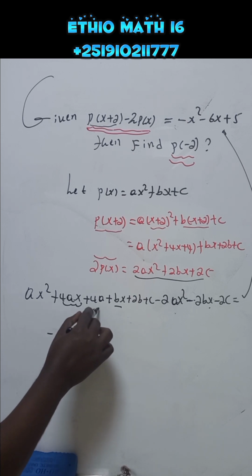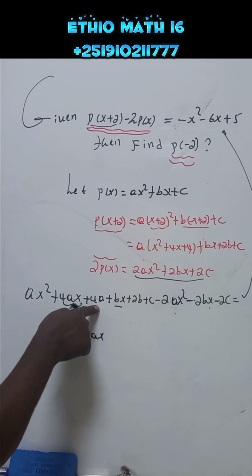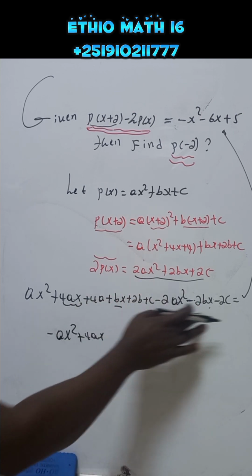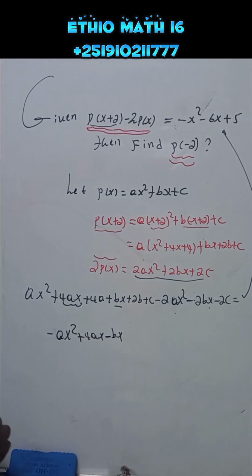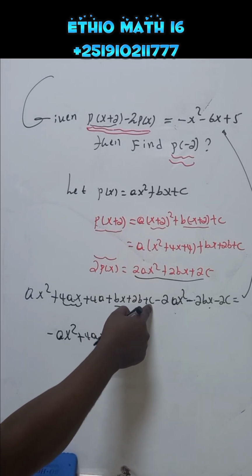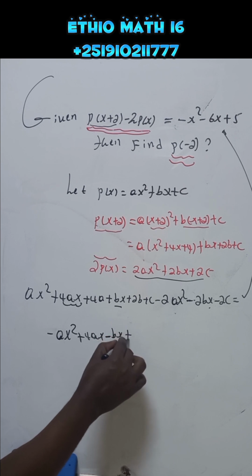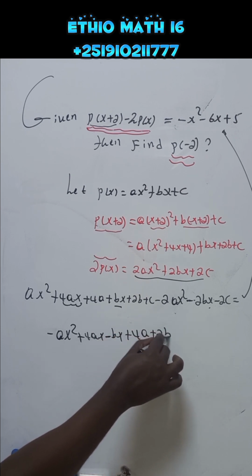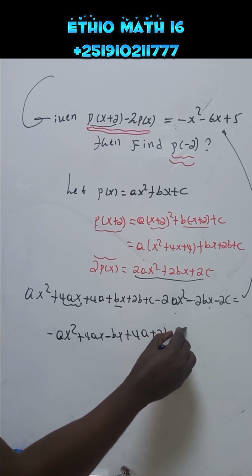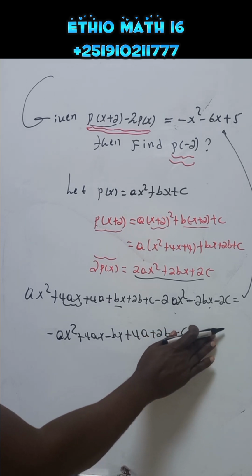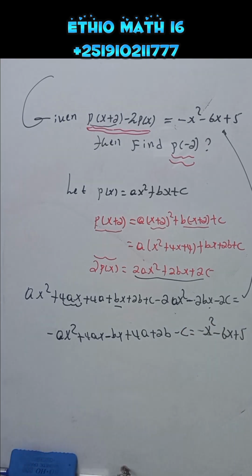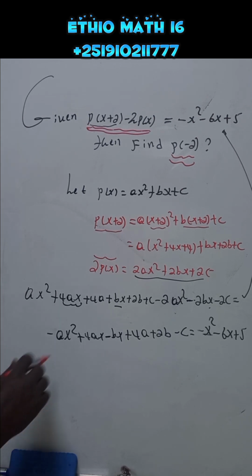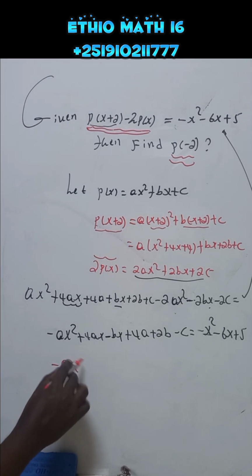For a, we can write it as it is, but we'll write this as a constant later. bx minus 2bx means bx is left. 2b plus c, that means for a we have plus 4a plus 2b. c minus 2c is minus c, which is going to be the polynomial there: minus x squared minus 6x plus 5. So we have minus ax squared.